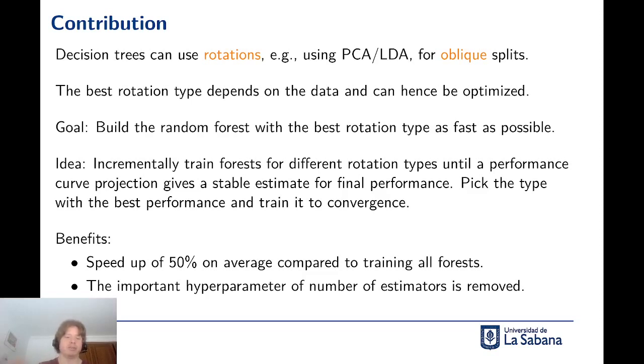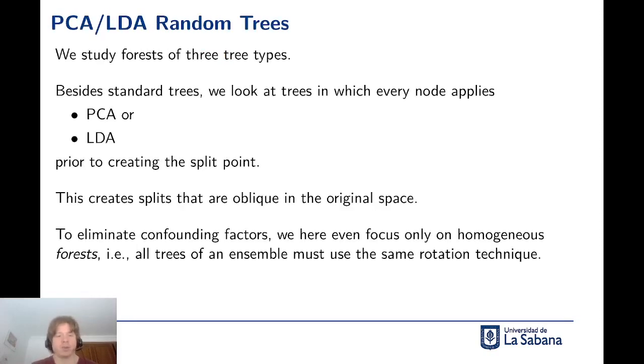And also as a side effect, we get rid of the hyperparameter that controls the number of estimators, which is also very important. So here we study forests of three different types. First the standard random forest, and then forests in which in each node we conduct a principal component analysis or a linear discriminant analysis prior to creating the actual split.